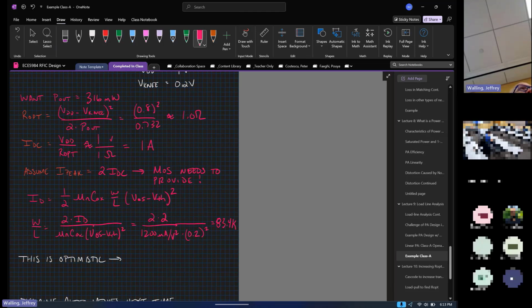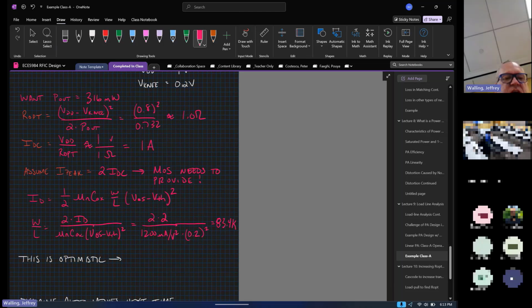Is that a problem? The total periphery of this in our process, so you have to remember that the L is 20 nanometers. So, even though this is quite a big ratio, we can make this device on chip and it won't actually take up that much area. The inductors that we use in the matching network will still be bigger than this thing.